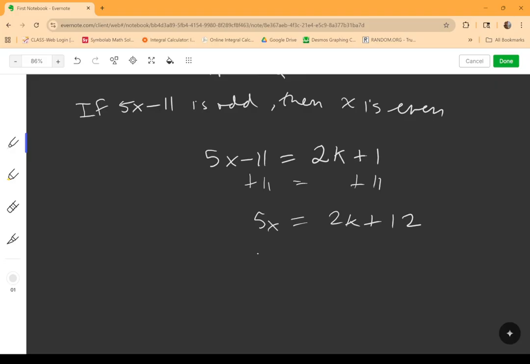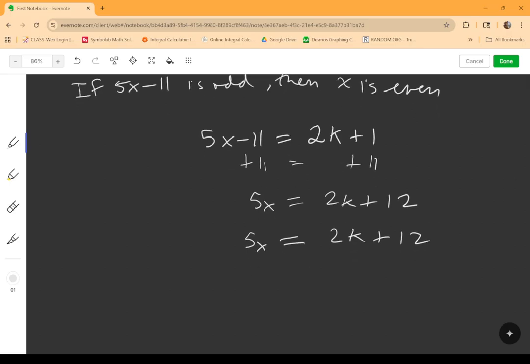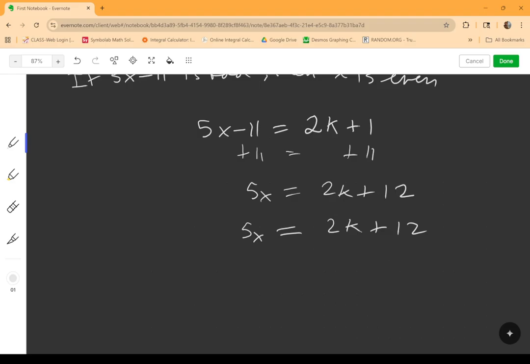And then here we have 5x is equal to 2 times k plus 6.